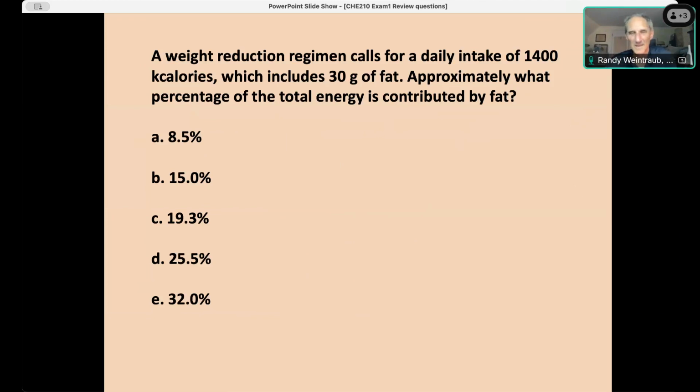Okay, so here's what I just stated. 30 grams of fat times 9 is the conversion factor, 9 kcals per gram of fat.